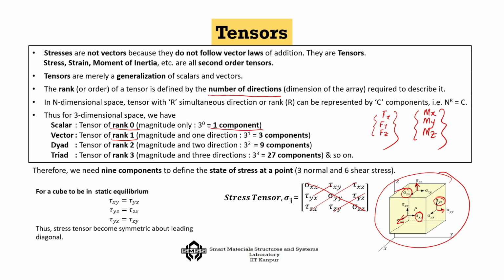Then the higher form of vector will be a dyad, that is rank 2, where you have magnitude and 2 directions associated with it. So, if you for example try to define the state of stress at a point, what do you need? You not only need the force itself, but also the area that defines the force. So, you need magnitude and 2 directions.